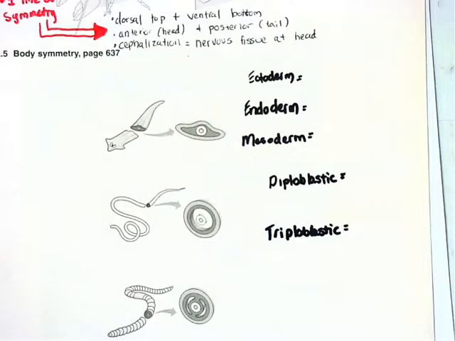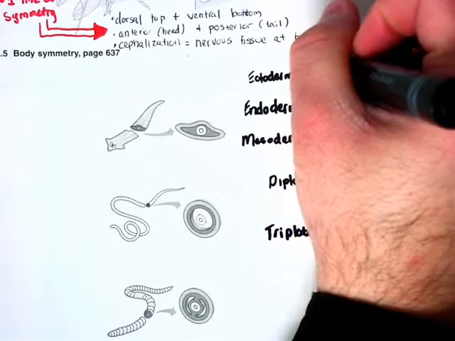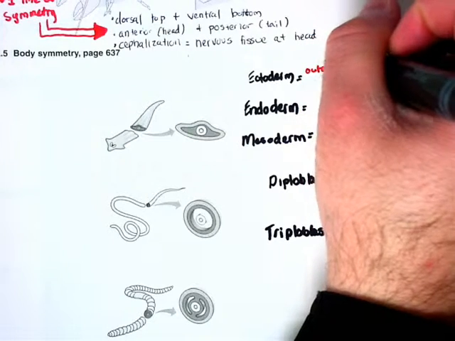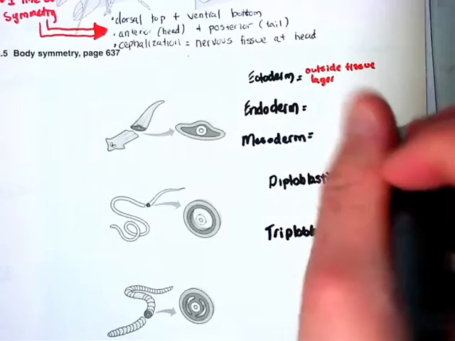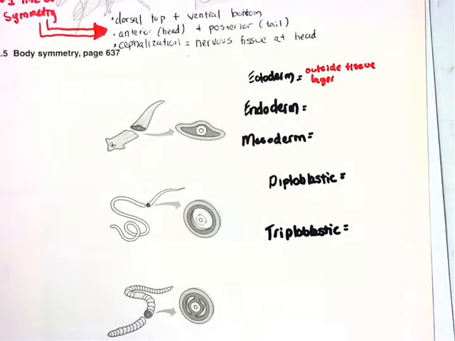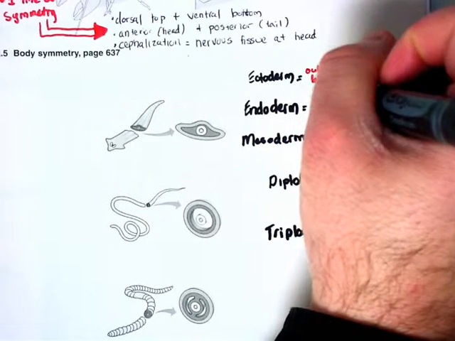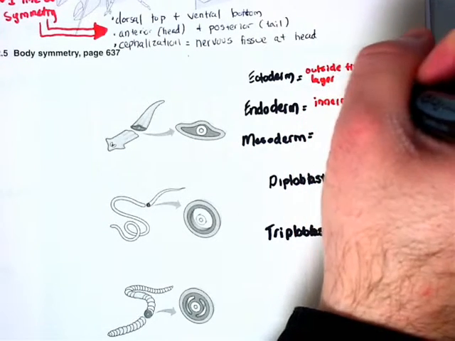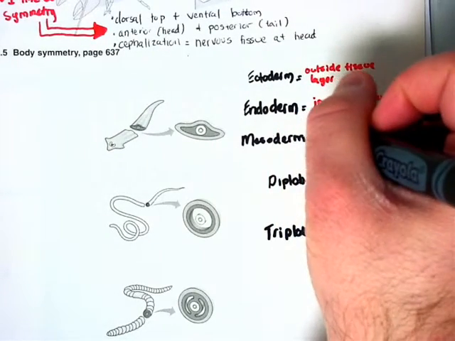Okay. So ectoderm, I think, would be the outside tissue layer. It covers the surface. The endoderm would be the innermost layer. And mesoderm, of course, would be the middle layer of tissue.